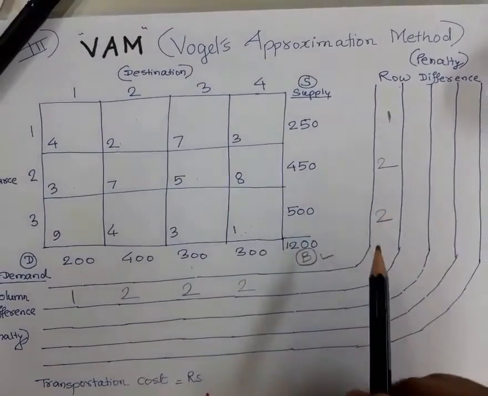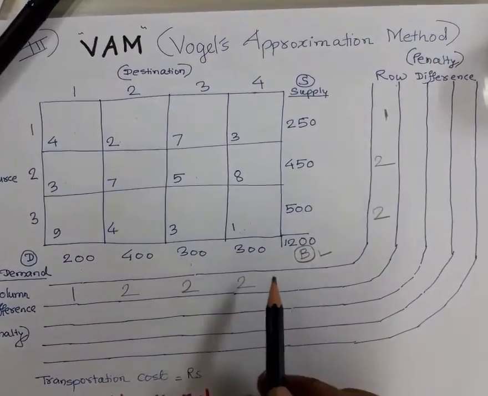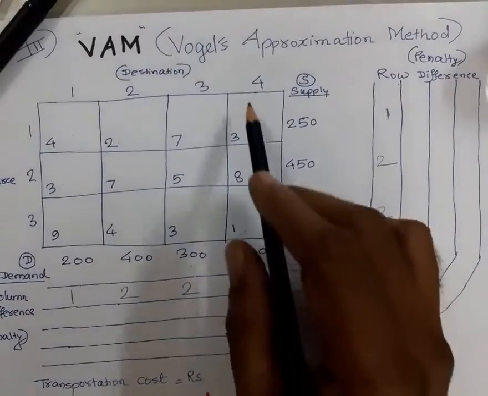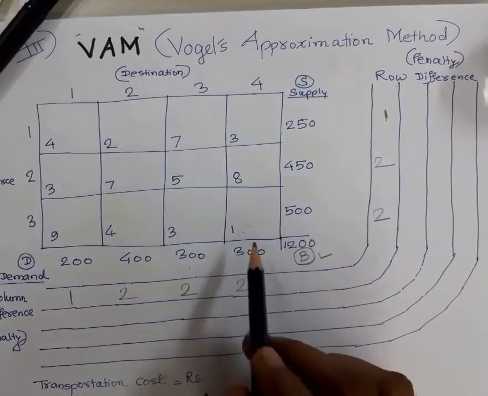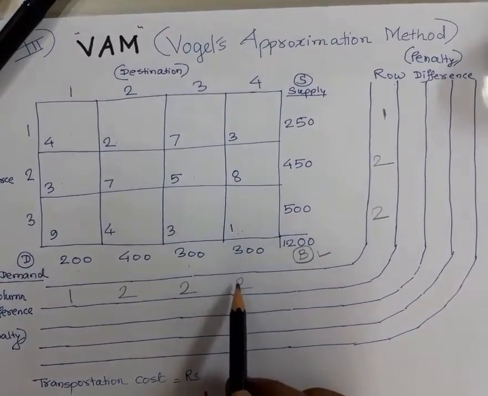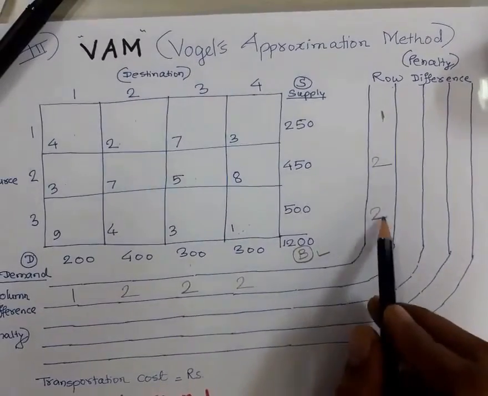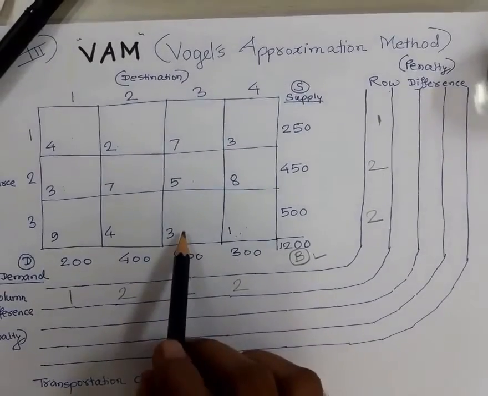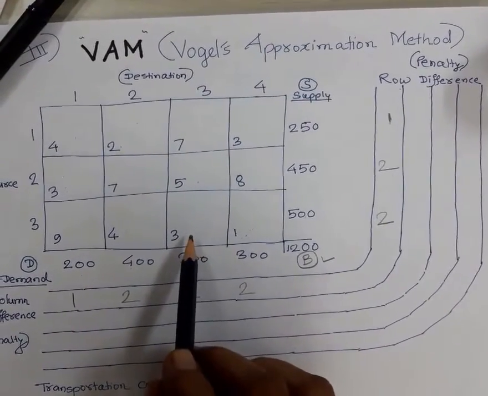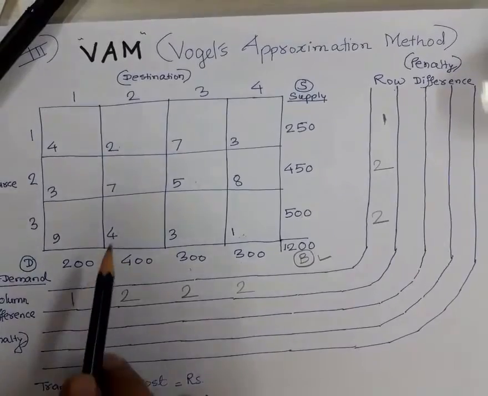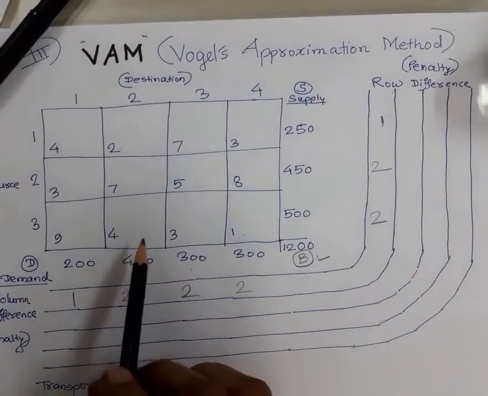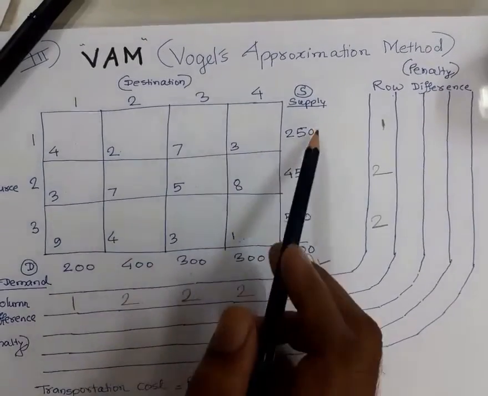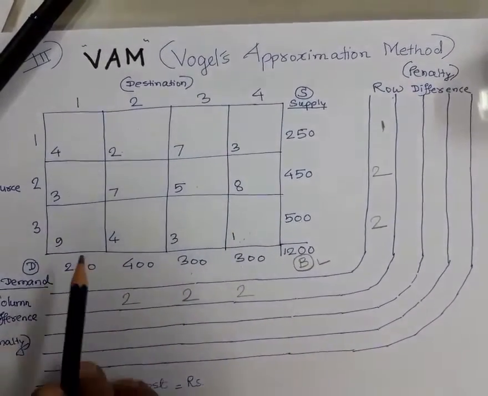Okay, this is more than the first one. Now for the fourth column, see here also, yes, same thing. This also we can select, this also or this also. See this column, third column, here 300. Yes, this can be also one of the possibilities. For second column, smallest cost of transportation is 2. 250 can be allocated. Okay.